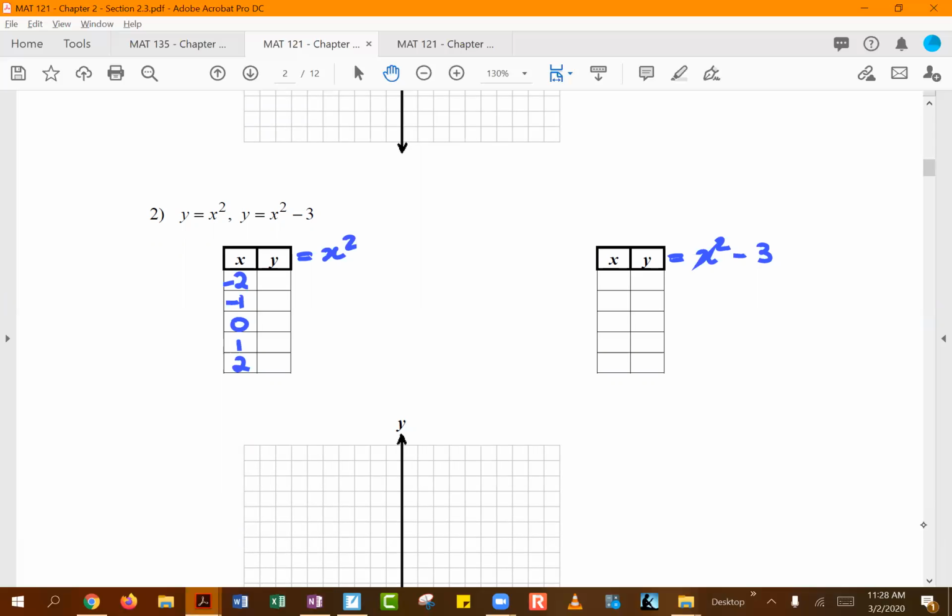Okay, so what kind of points are you looking at for the x squared function? What are those y values going to be?